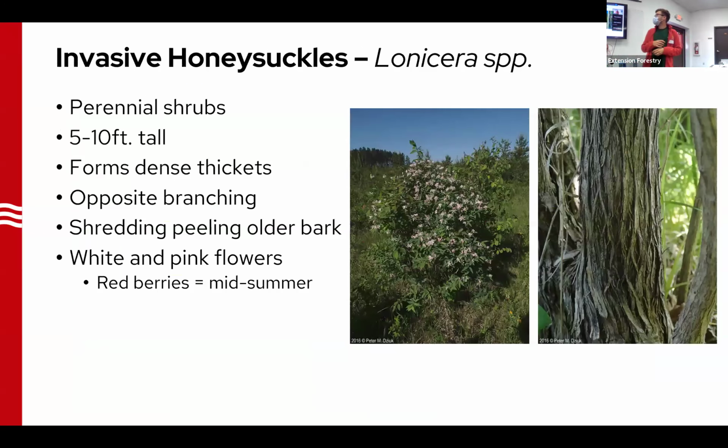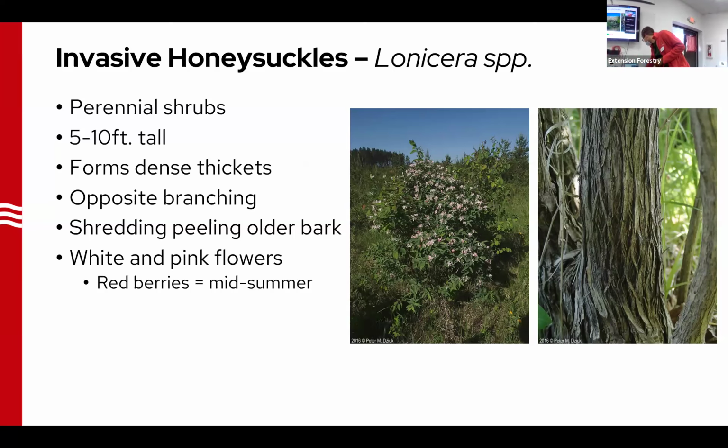Invasive bush honeysuckles are usually about the same height as common buckthorn. They also form dense thickets in the forest. They have opposite branching patterns, which means on the left side of the stem there's a leaf, and in that same location on the right side there's another leaf. We can look for shredding, peeling older bark as well.